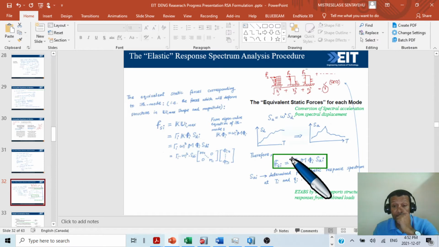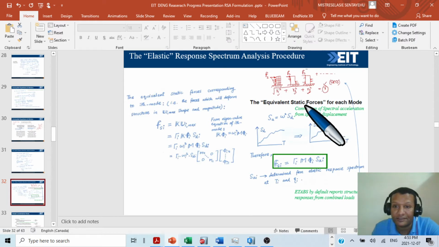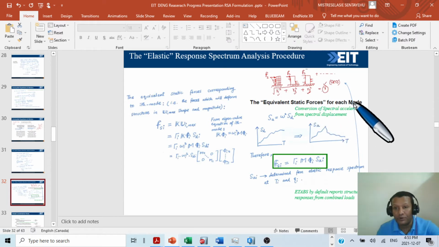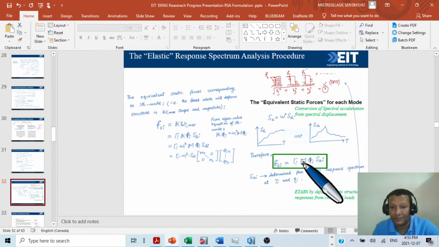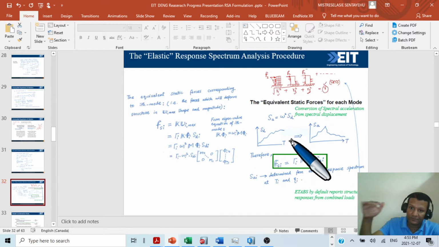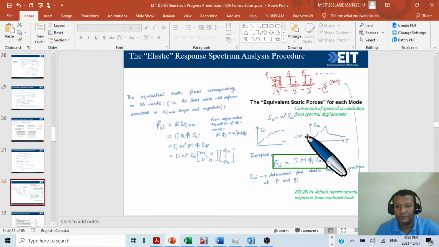So gamma times M times phi times S A, because S A over omega square will be here, and omega square will be cancelled by omega square. So the equivalent static force for each mode will be this one. S A is determined from the elastic response spectrum at T i, and phi for each mode. So it will be constant.